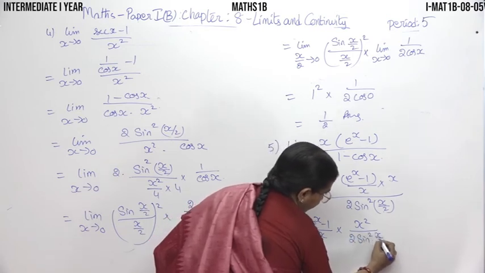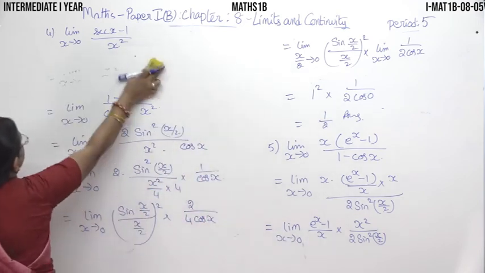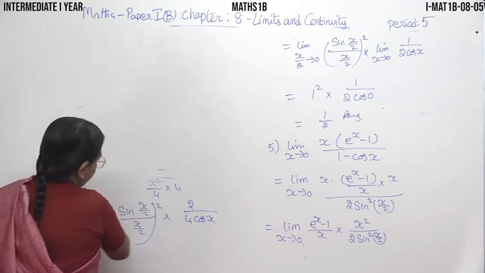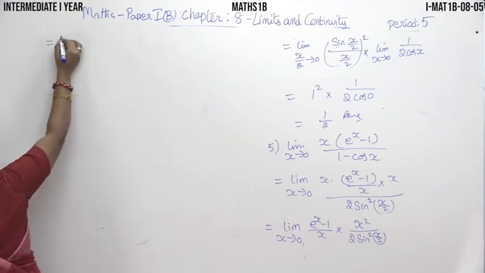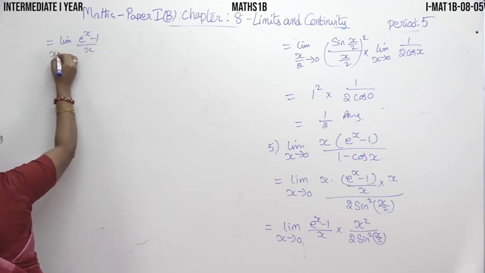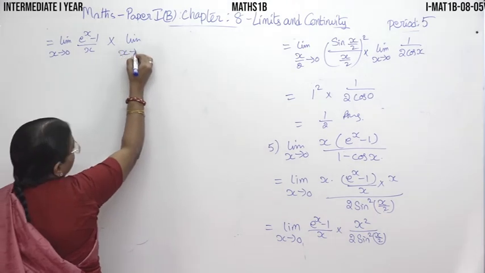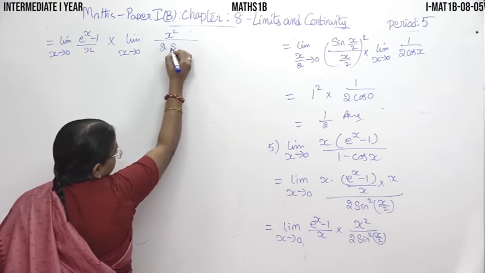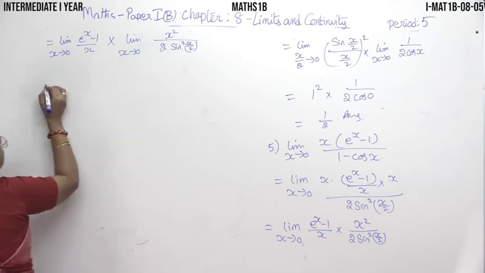Now we write the limits separately, the first limit into the second limit. So it is equal to limit of (e power x minus 1) by x as x tends to 0, into limit x tending to 0 of x square by 2 sin square x by 2. This limit is 1.